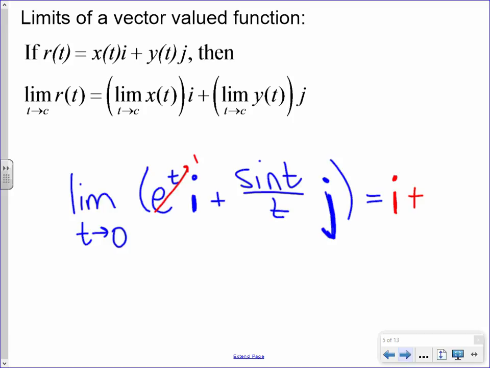Okay. So we would have to use L'Hopital's rule, right? This is just 1. That's also one of those rules you learned in like the first week of calculus. So our limit is the vector i plus j.